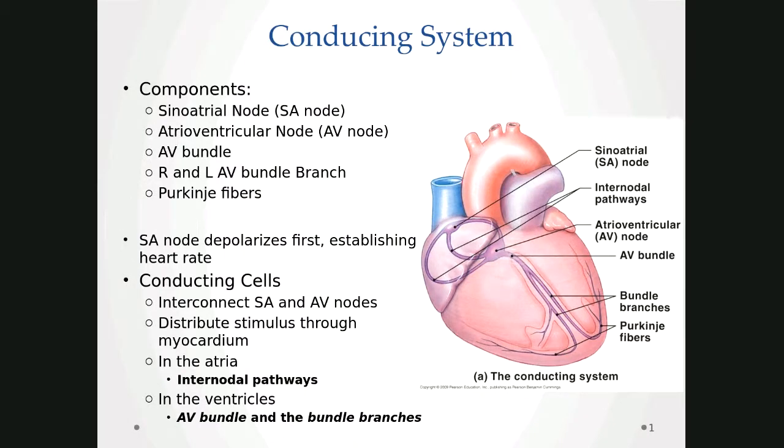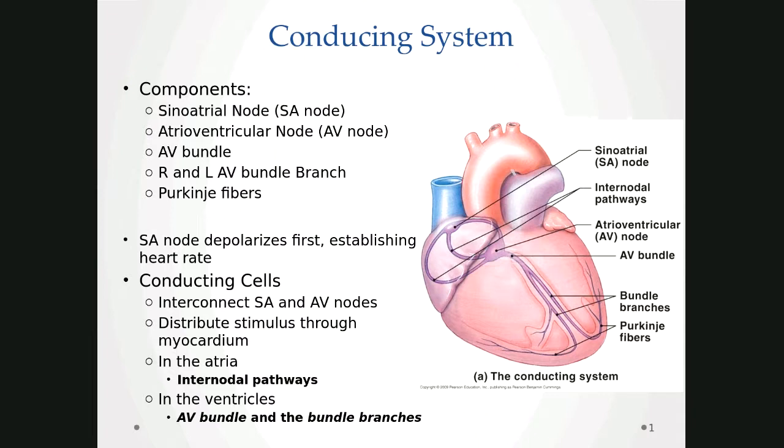All right. And so when we look at our nodal cell populations, there are some different nodal cell populations scattered throughout the heart, and they are going to work as a unit to spread the electrical signals to all of our contractile cells and then coordinate that contraction.